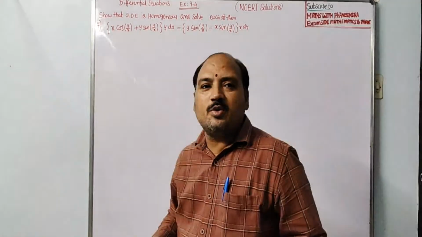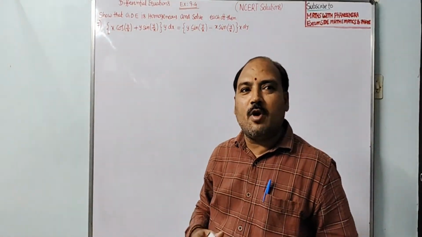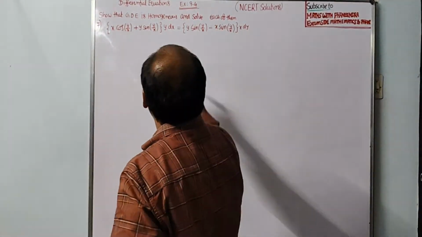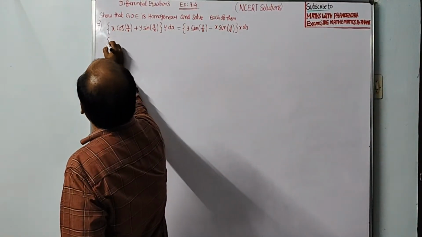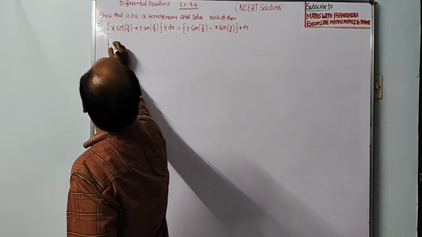So first what we have to do, you have to bring it into the form of dy by dx. So dx bring to the side, and y also bring here.